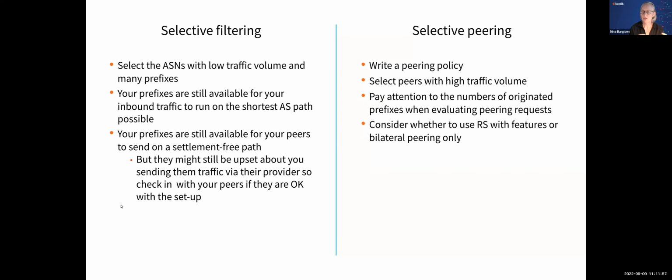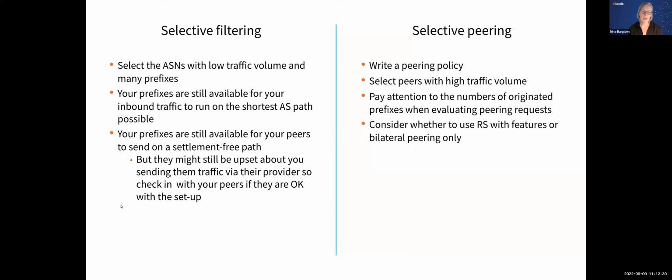If that's also a small one, or if the traffic flows are sort of even, maybe a better solution would be to not announce your prefixes to that network either. And you can do that either with a route server that has these features, which might be on some IXPs, or by choosing to not use route servers and only peer with a few ASNs where you have a high enough traffic volume compared to the number of prefixes they're announcing to you.